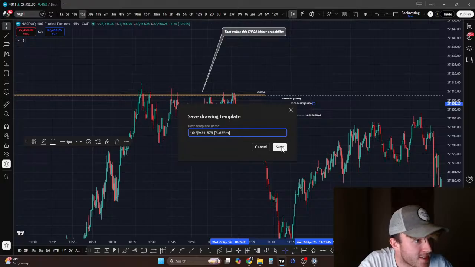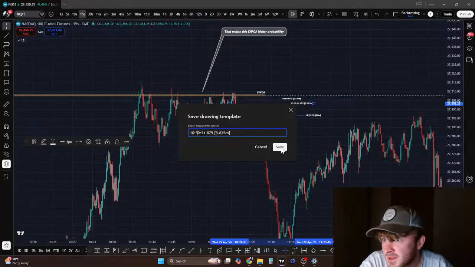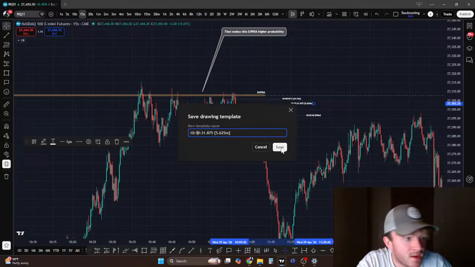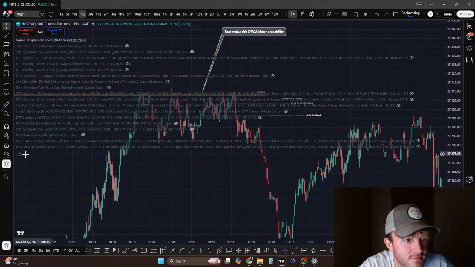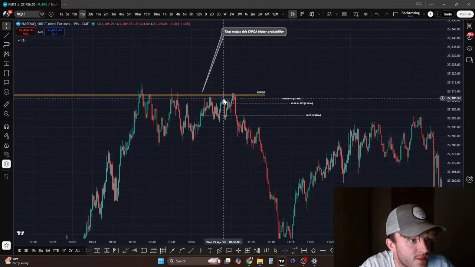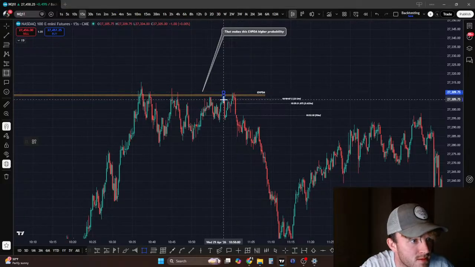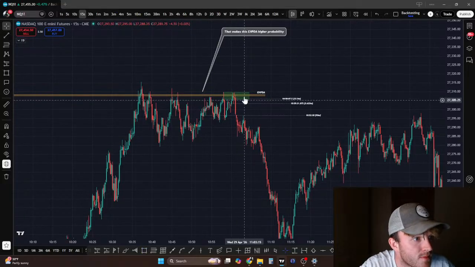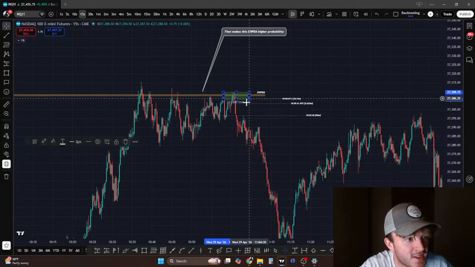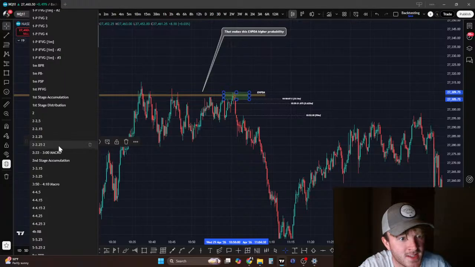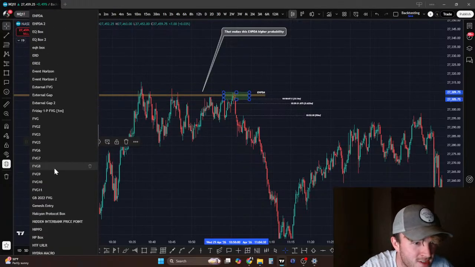So one thing I'm realizing about rejection block trades is, for instance, this rejection block. Sometimes you want to have your stop loss slightly above the rejection block just to give yourself some wiggle room in case it barely hits the rejection block.